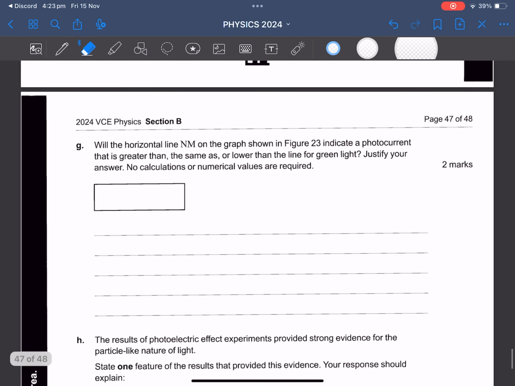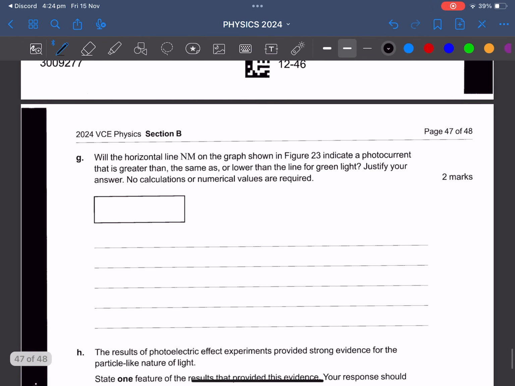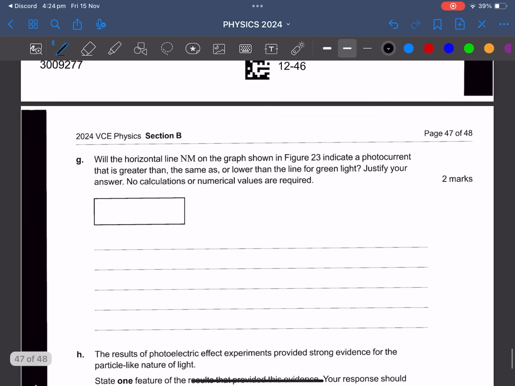Will the horizontal line NM on the graph shown in figure 23 indicate a photocurrent that is greater than, same as, or lower than the line for the green light? Justify your answer. Okay, so it will be the same, right?